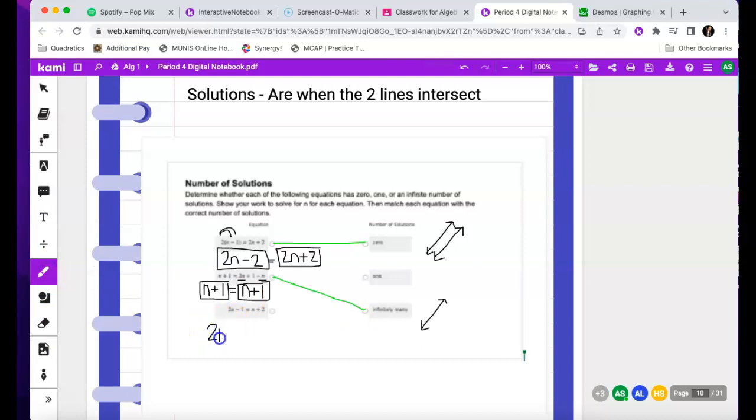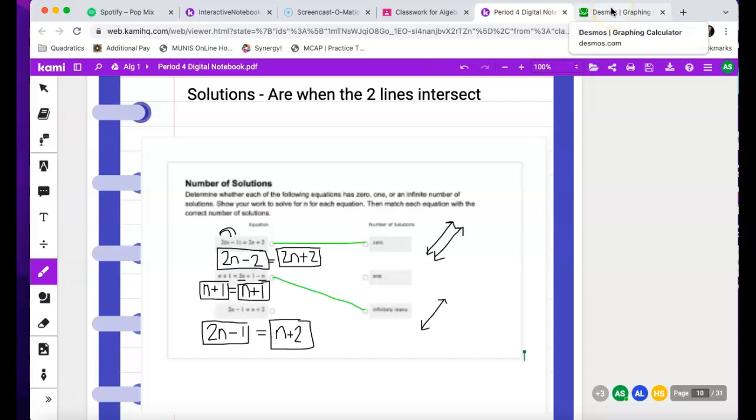So 2n minus 1 on the left, and then n plus 2 on the right. I didn't have any distributive property or any like terms to combine, so this one was actually a little bit easier. I'm going to do the left side of the equation and the right side of the equation. We're going to change our n's to x's, and put a y equals in front of it.